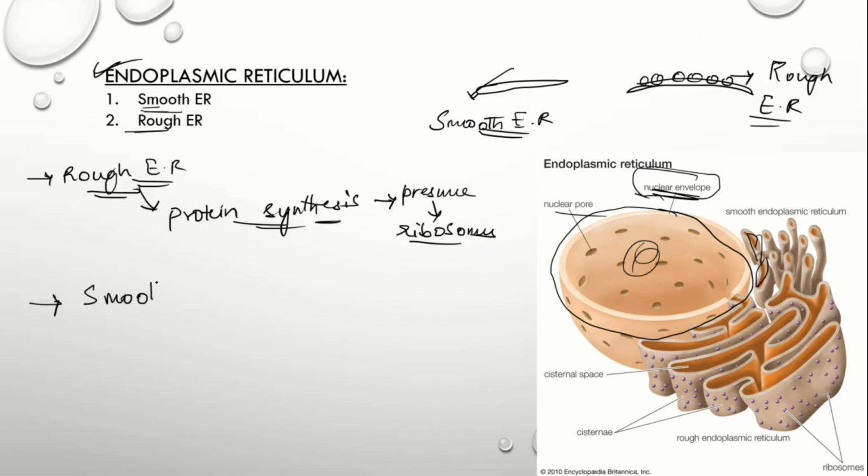Next, the smooth endoplasmic reticulum. Students, you may ask me one question: okay sir, the rough endoplasmic reticulum contains ribosomes, therefore it is involved in protein synthesis, a very important function in the cell. Now the smooth endoplasmic reticulum has no connection with ribosomes. Then what function does it perform inside the cell?